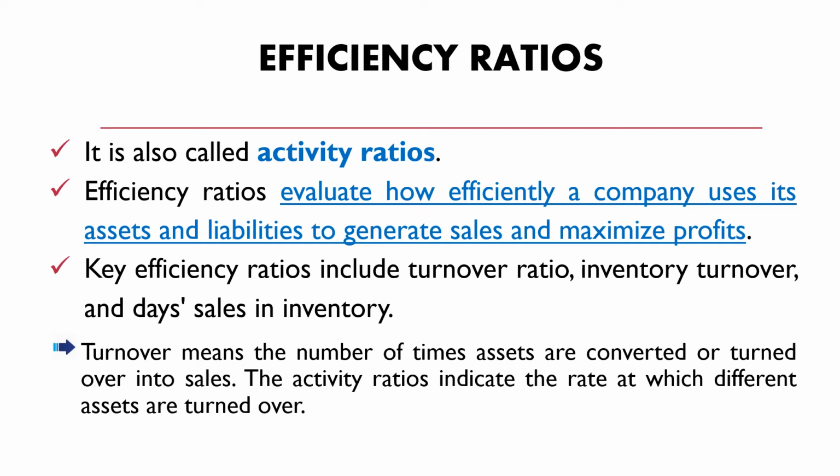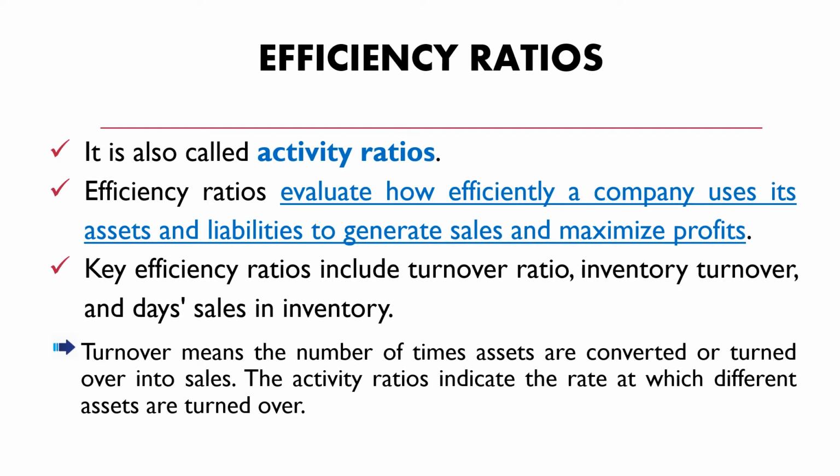Now let's proceed with efficiency ratios. Efficiency ratios are also called activity ratios or turnover ratios. This type of ratio evaluates how efficiently a company is using its assets and liabilities to generate sales and maximize profit.